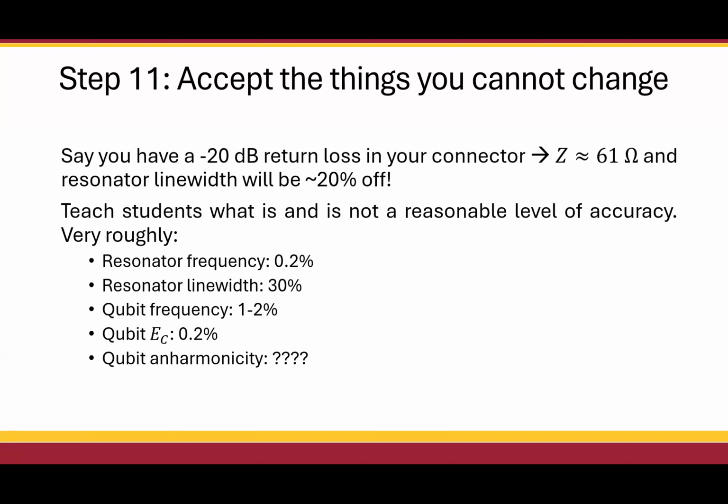And that's where this 1 to 2% number is coming from, because that's about half the variance in the junctions that we can semi-reliably hit, and half the variance in the junction EJ gives you the variance in the frequency. Maybe you've got a way better fab, in which case you should be able to turn that down, at least in terms of repeatability, precision, if not accuracy.